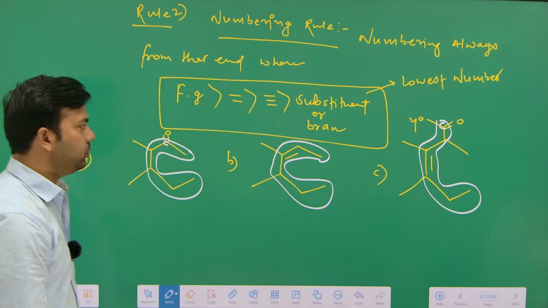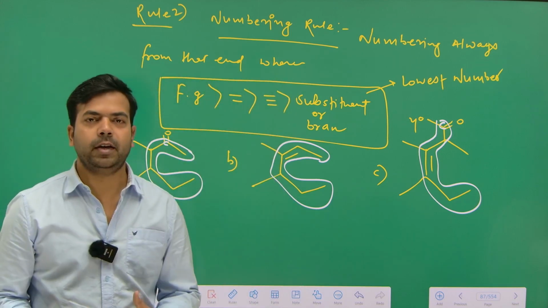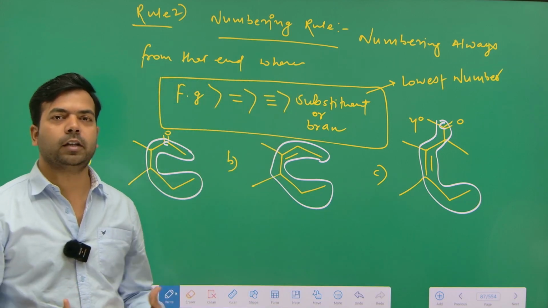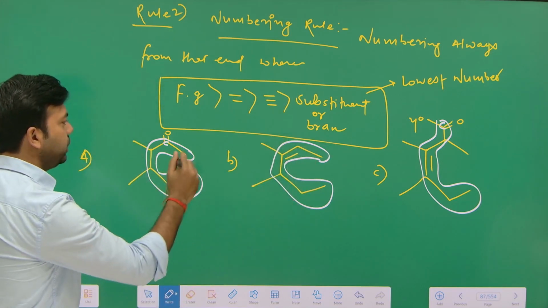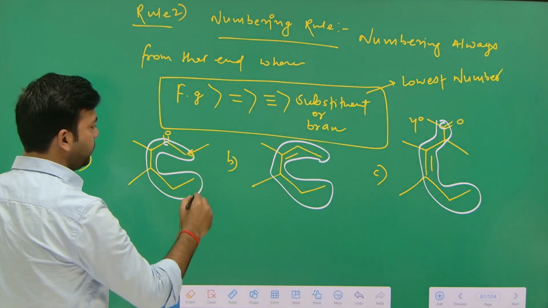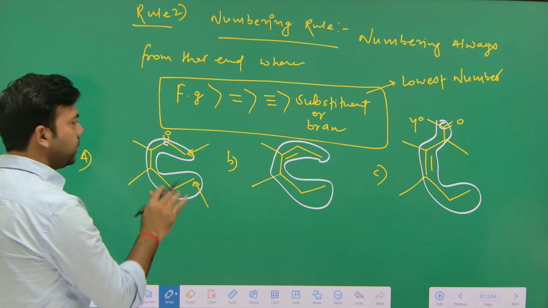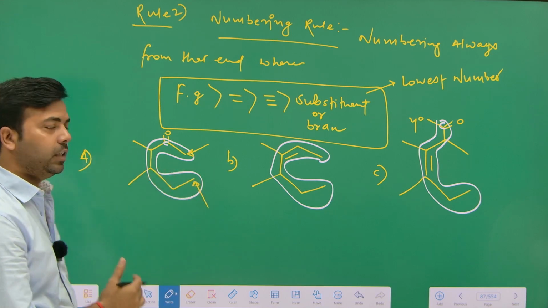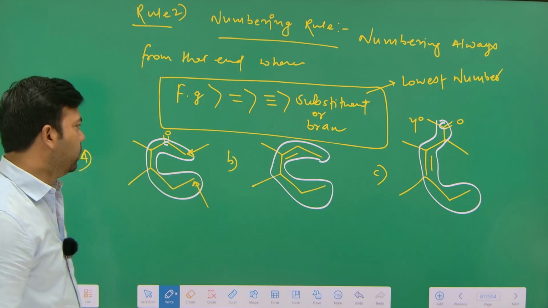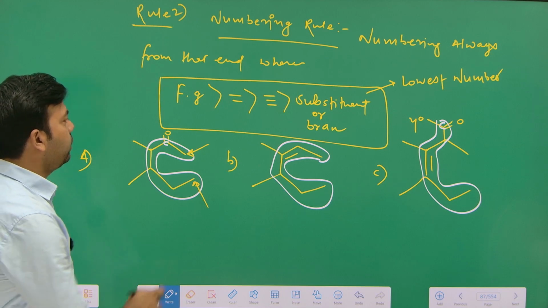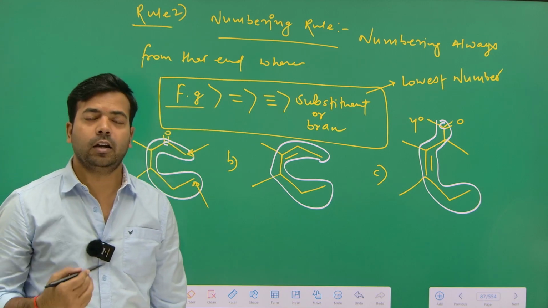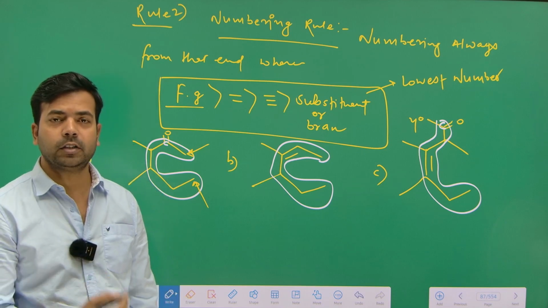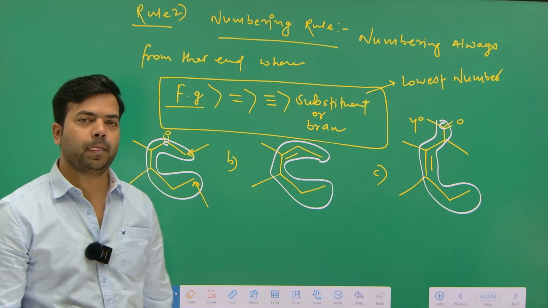Clear? So once you have a parent chain, then you have two choices to start the numbering. Either left-hand, means either this end of the parent chain or this end. You can only start from the terminal carbons of the parent chain. So the rule is very clear. Priority is given to the functional group, means we should start numbering from that end where the functional group gets the lowest number.